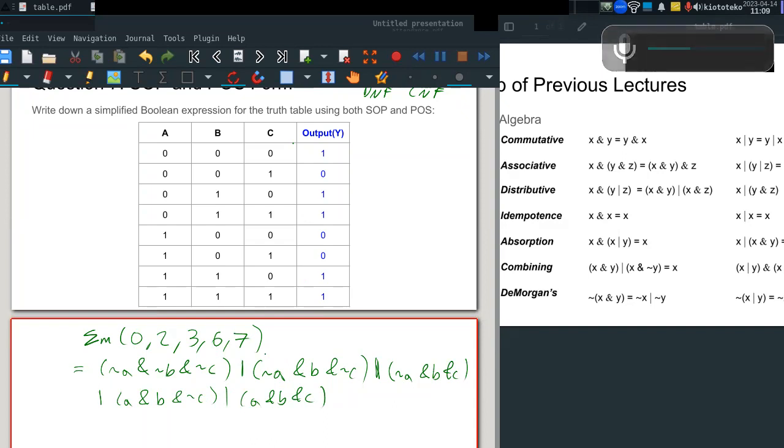It only results in 1 if you put in any of these combinations; any other combination results in 0. So this is a way of expressing the function that is here.